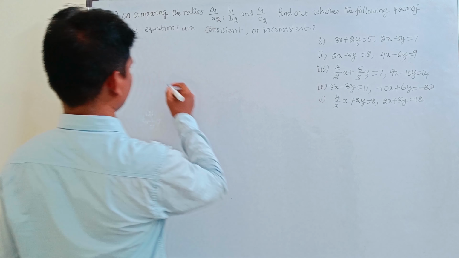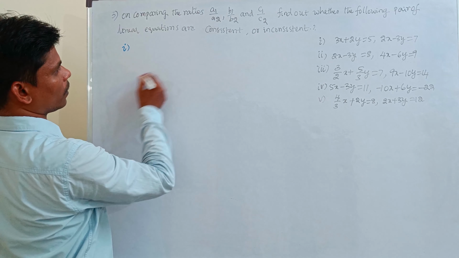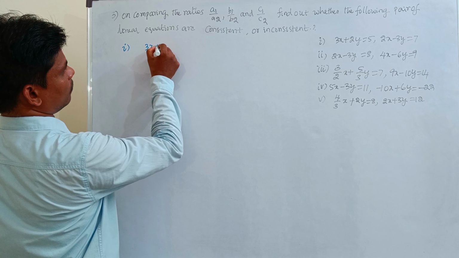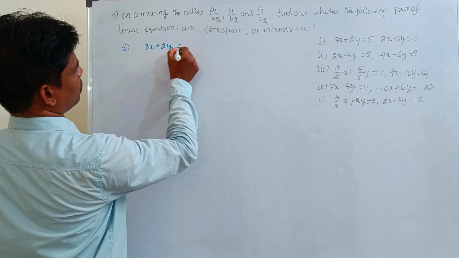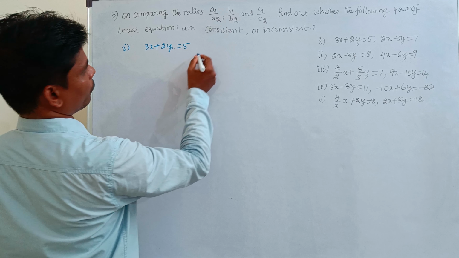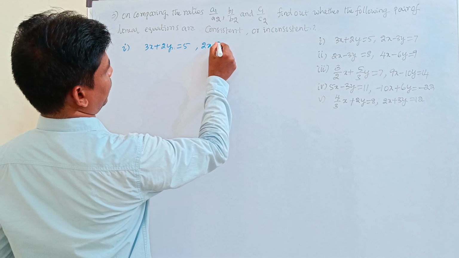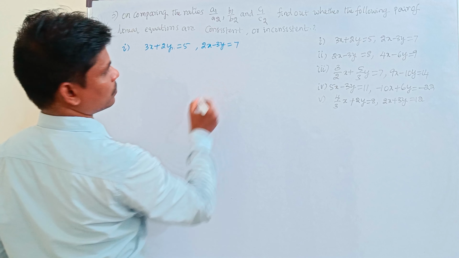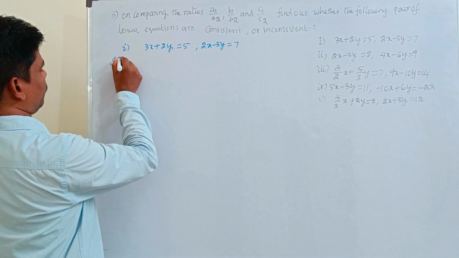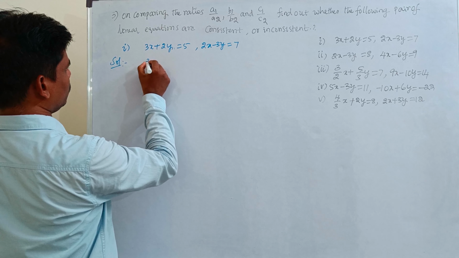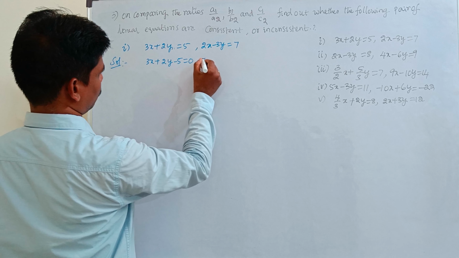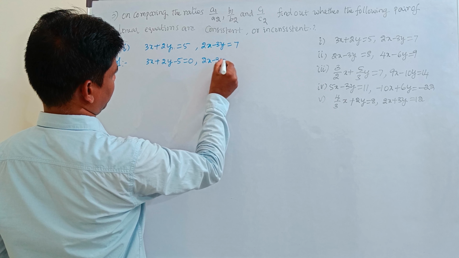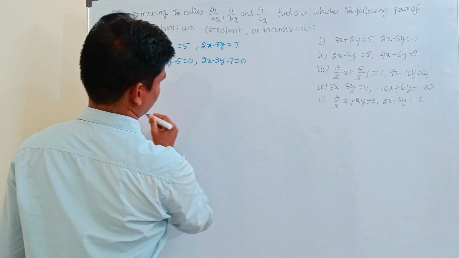See the first one. 3x plus 2y is equal to 5 and 2x minus 3y is equal to 7. So here I write 3x plus 2y minus 5 is equal to 0, and 2x minus 3y minus 7 is equal to 0.